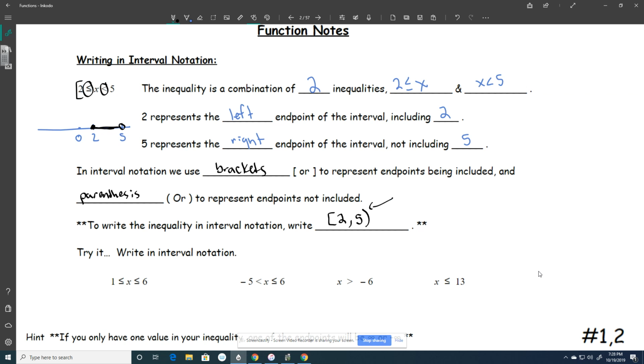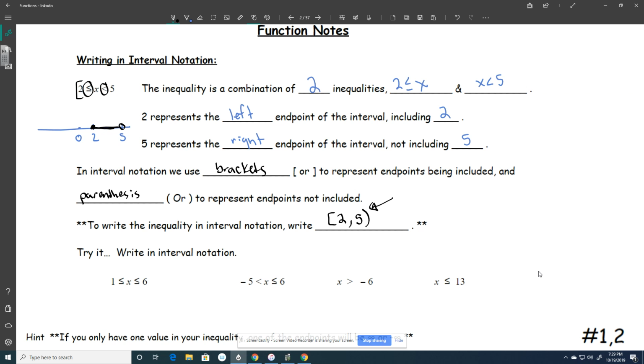So what this tells me is that my number is somewhere in between 2 and 5. I know it kind of looks like a point on a graph, but this is called interval notation, and that bracket makes the big difference there, okay? But this just tells me that I'm living somewhere between 2 and 5.